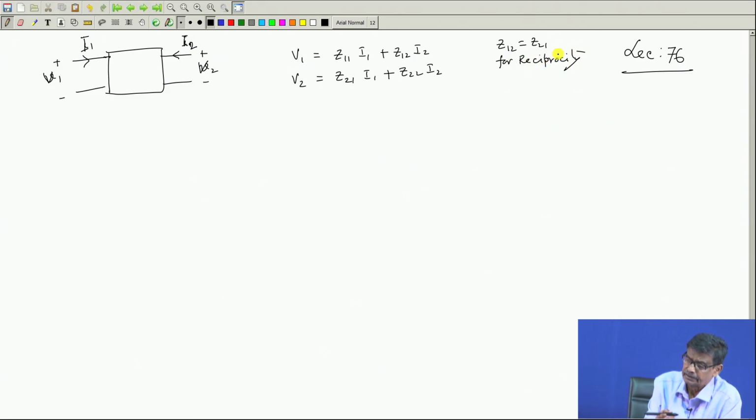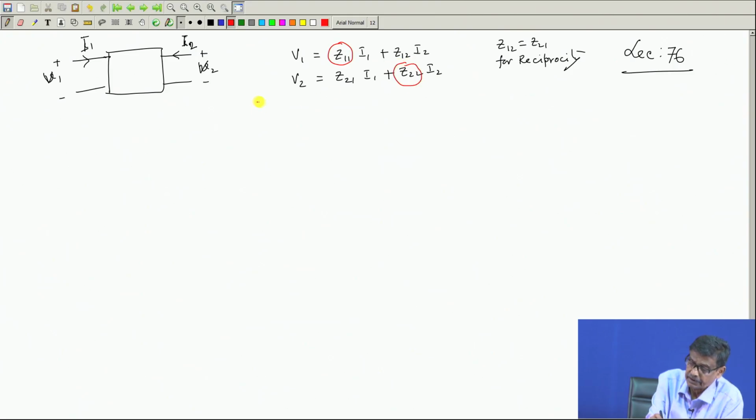Similarly, whether there exists any condition under which this two port network will be symmetrical. A two port network is said to be symmetrical if these two elements are the same.